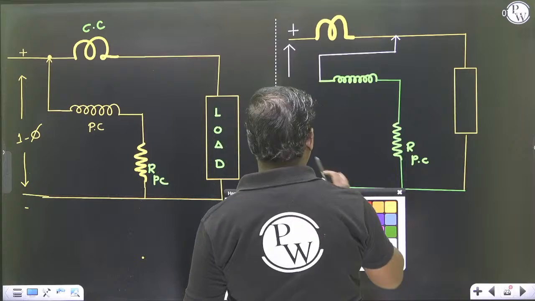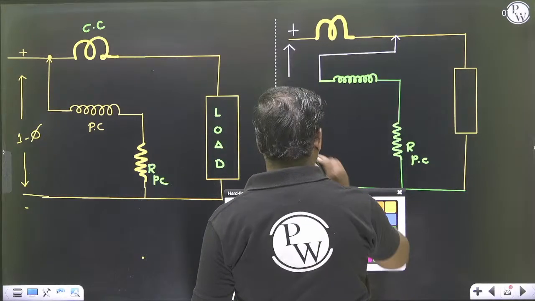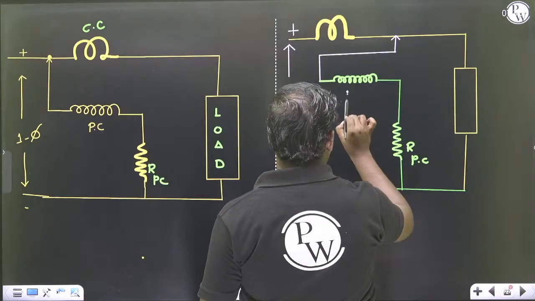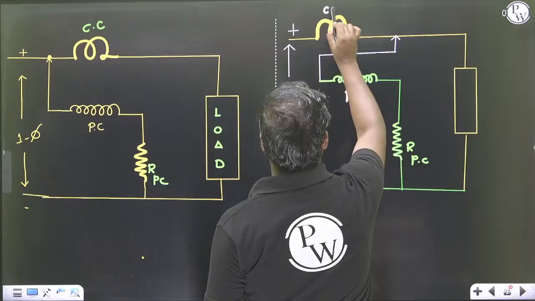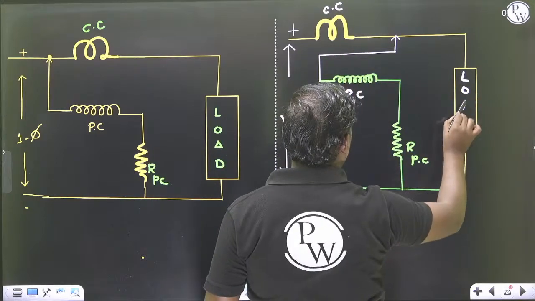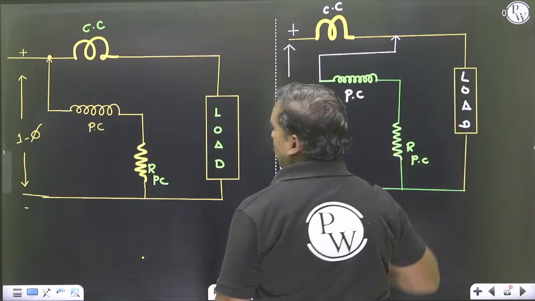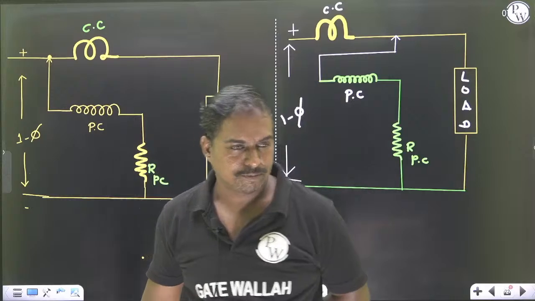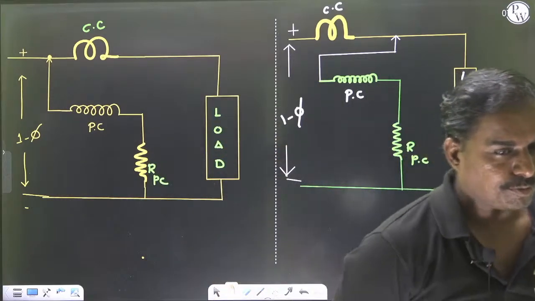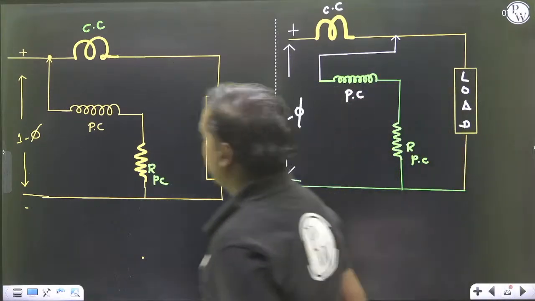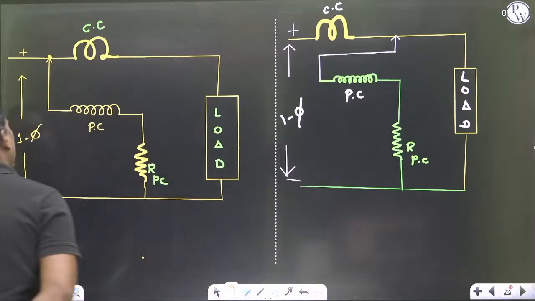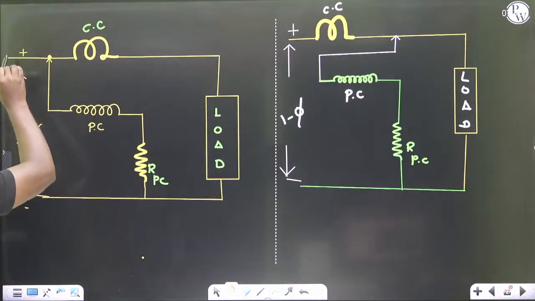Can anybody tell me what these connection names are? This is a pressure coil, this is a current coil, and this is a load. What are these connections? Yeah. The pressure coil is connected at the mains side, so these are mains.